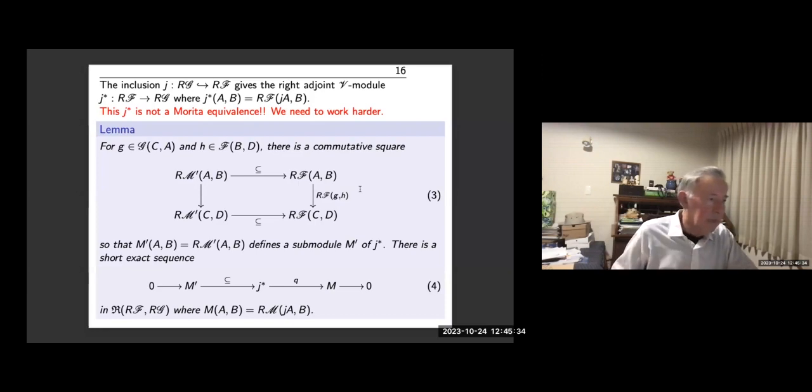And now I'm writing a straight M prime to mean the module that comes from this R M prime. It's a submodule of J upper star. And so you get this short exact sequence going from 0 to M prime. The kernel of this Q is the things that are not in M, or generated by things that are not in M.